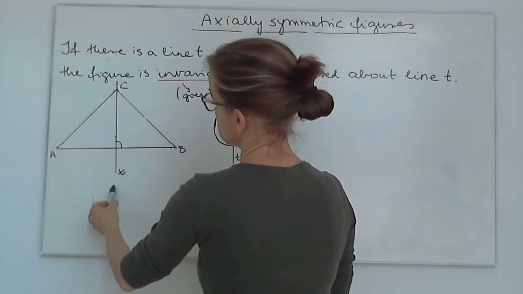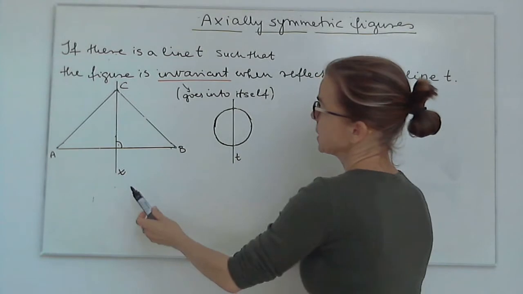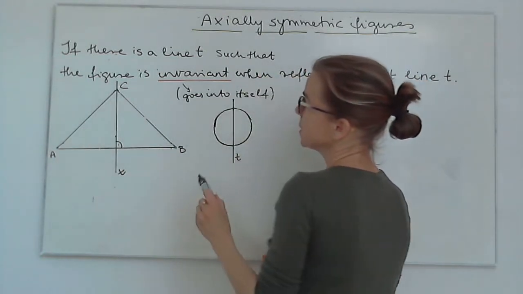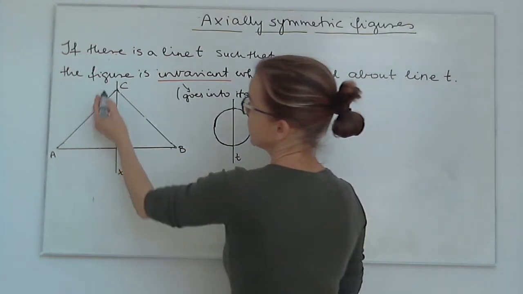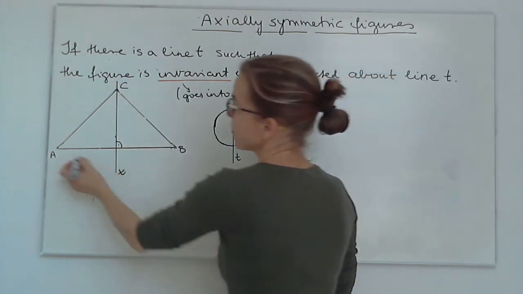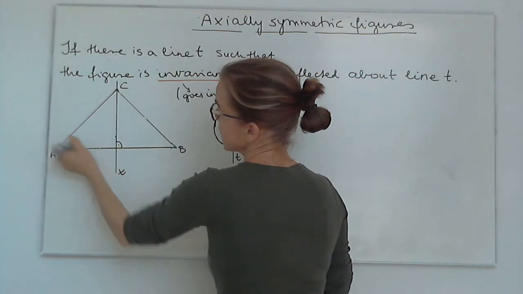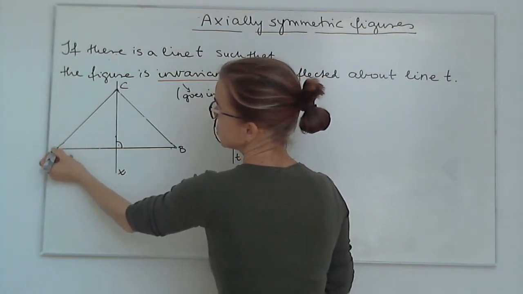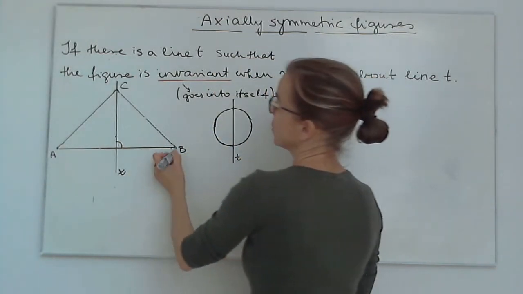There is a line T such that the triangle is invariant when reflected, where actually point C is a fixed point, but all the other points of the triangle are such that their image is on the other side of the axis.